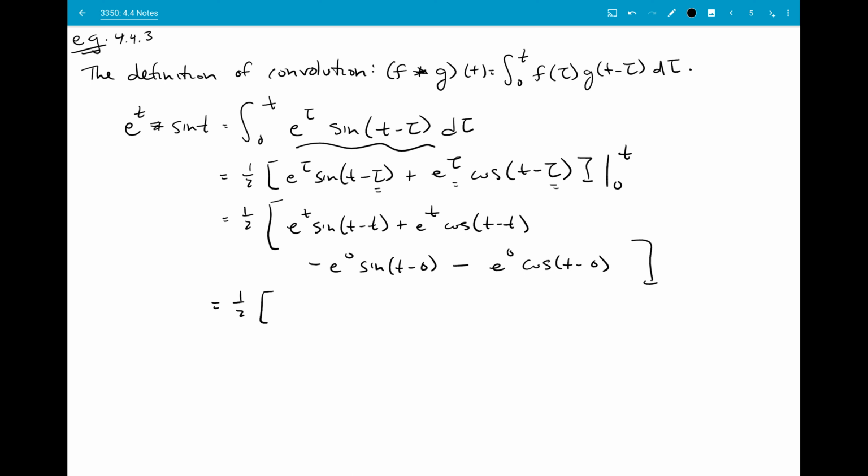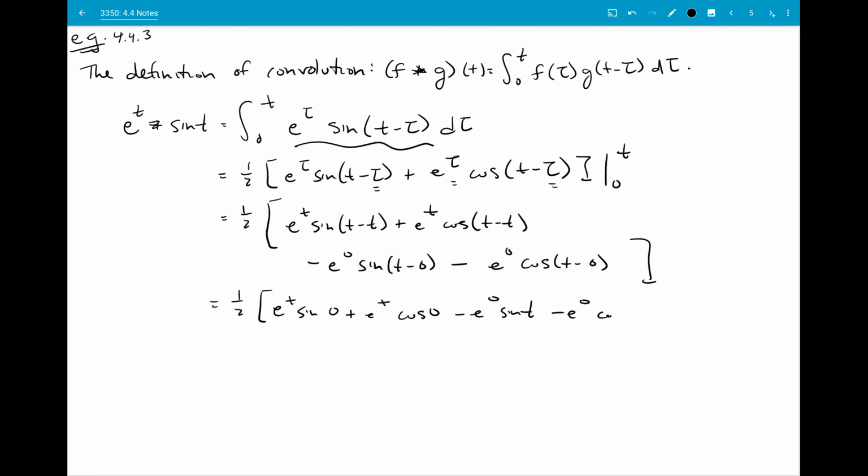Or 1/2 times e to the t sine 0 plus e to the t cosine 0 minus e to the 0 sine t minus e to the 0 cosine t.